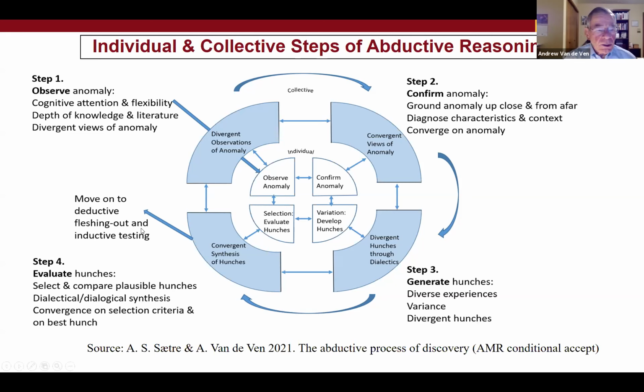In other words, after you've gone through the steps, you then move on to deductive fleshing out and inductive testing of the hunch that you chose. And that can be done qualitatively, quantitatively, using whatever methodology and data sources address the research question. Okay, many thanks for that.